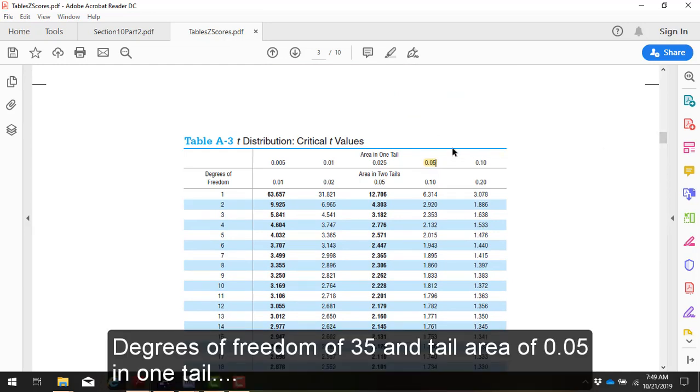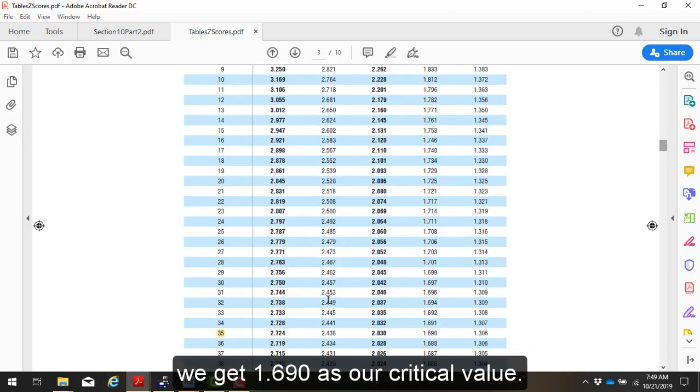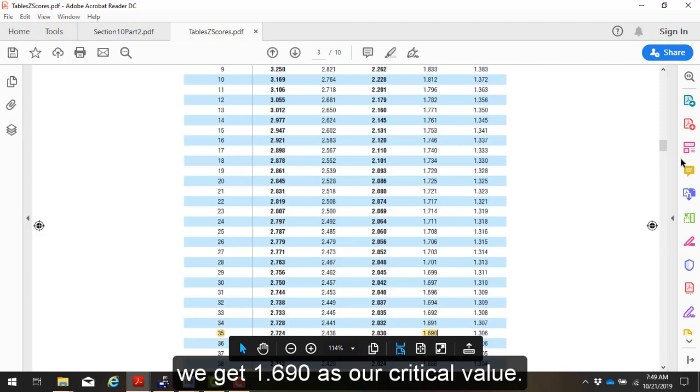Degrees of freedom of 35 and tail area of 0.05 in one tail, we get 1.690 as our critical value.